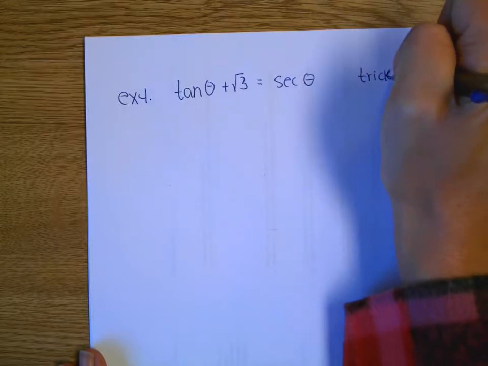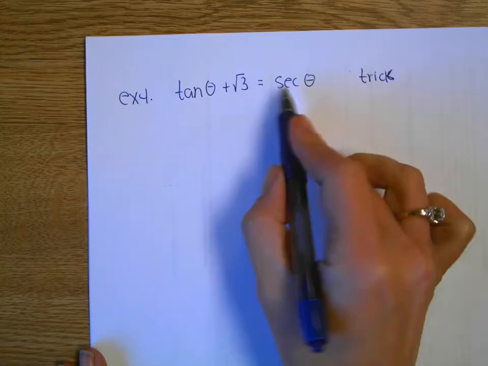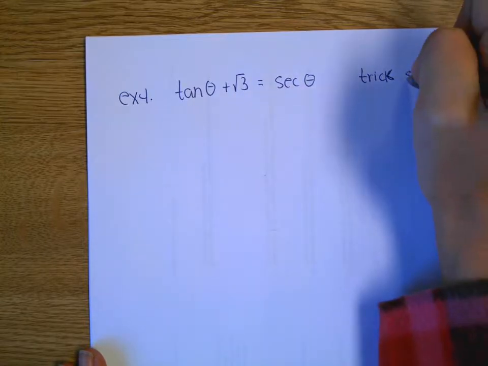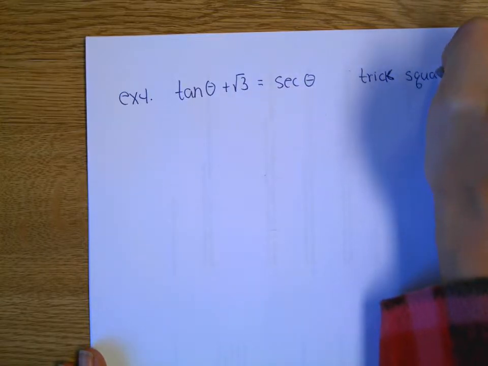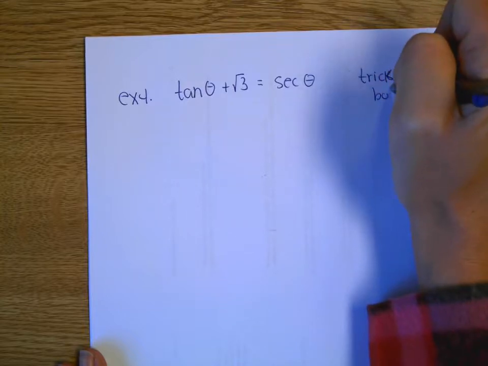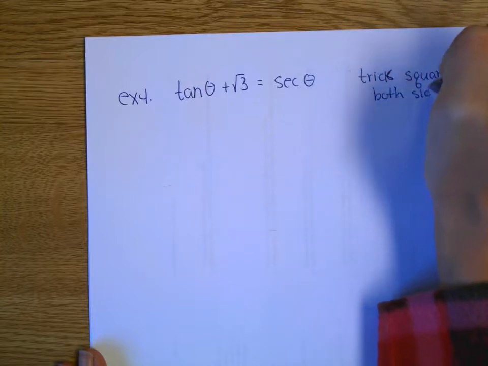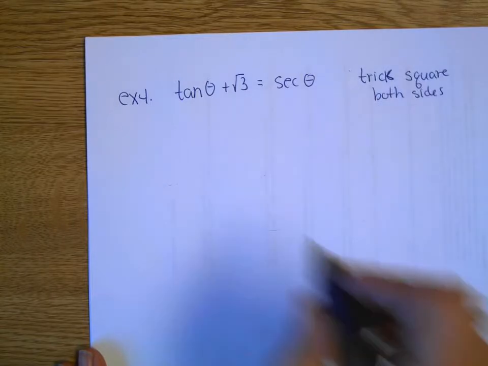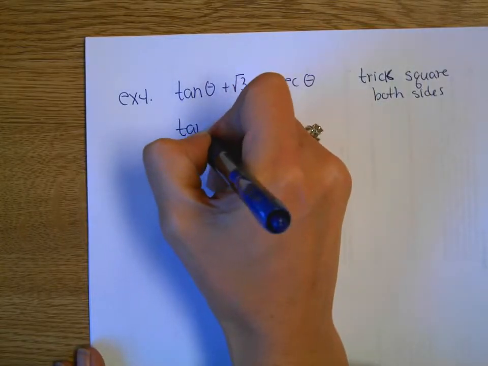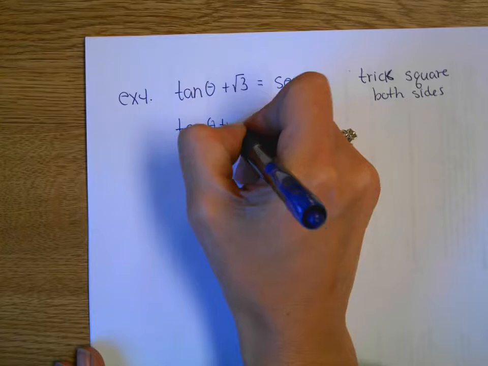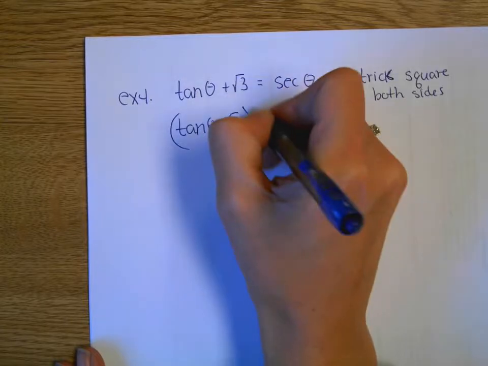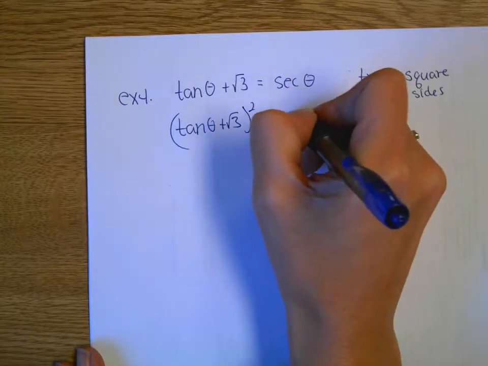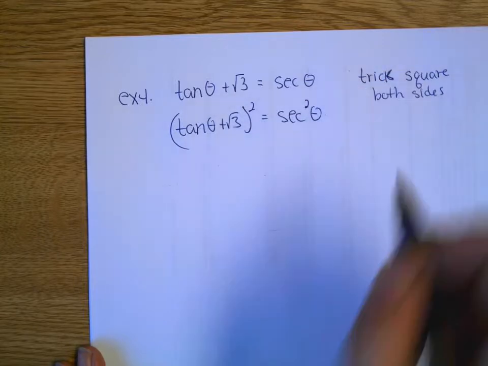So when factoring doesn't work, and you can't just solve because you've got two unknowns in here, the trick is to try squaring both sides. So tangent of theta plus square root of 3, squared, equals secant squared.